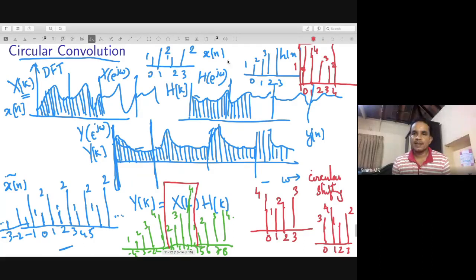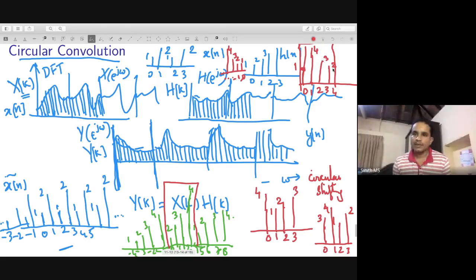So like that, you will get a signal like this: 4, 3, 2, 1, at 0, -1, -2, and -3. But when you do circular time reversal, what you're going to get is 1, 4, 3, 2.